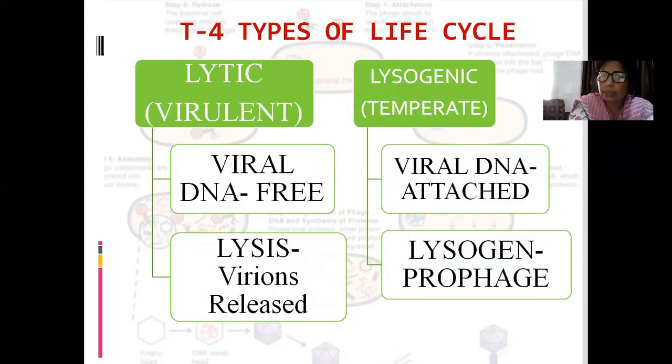Whereas in the lysogenic cycle or temperate phages, the viral DNA gets attached with the bacterial DNA, and it replicates along with the bacterial DNA and completes its life cycle along with the bacteria. When a trigger or induction is achieved, it gets separated and enters the lytic cycle. When the viral DNA gets attached with the bacterial DNA, that is known as the lysogen, and that stage of the virus is known as the prophage stage.